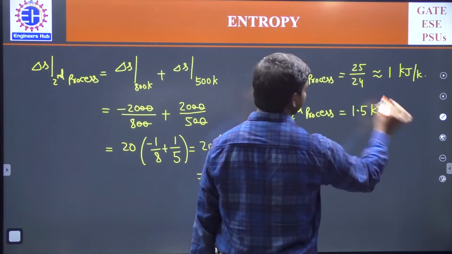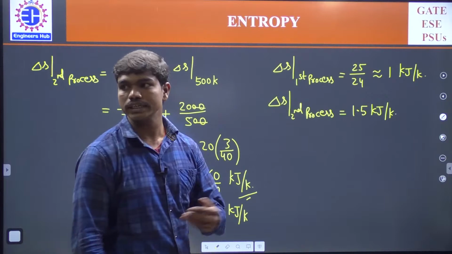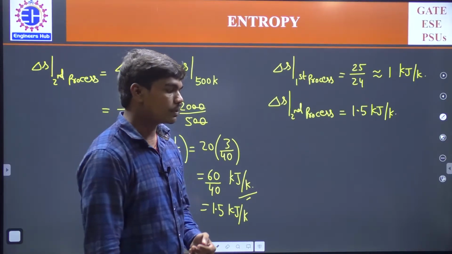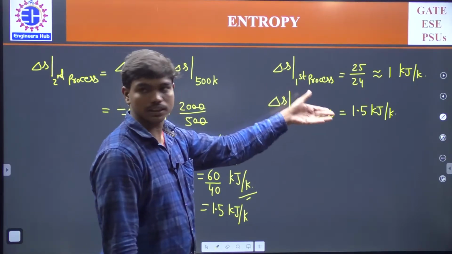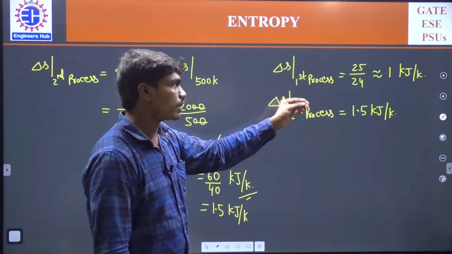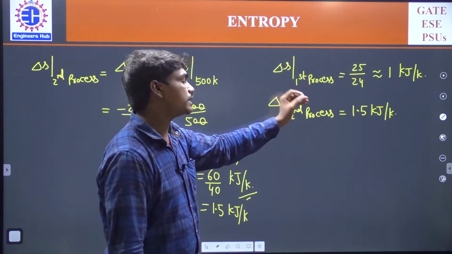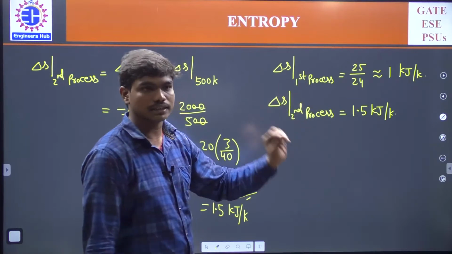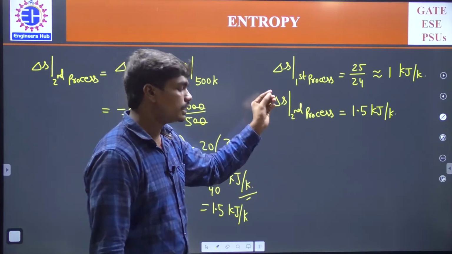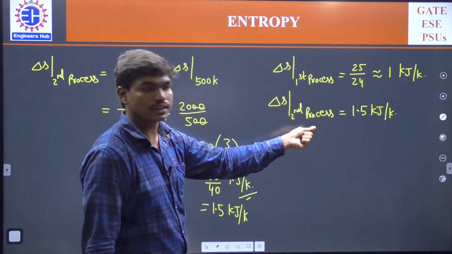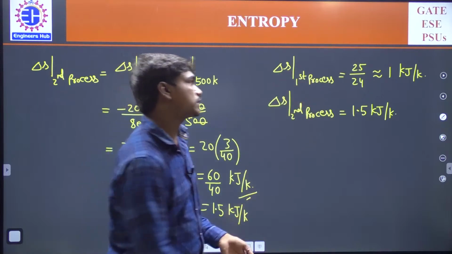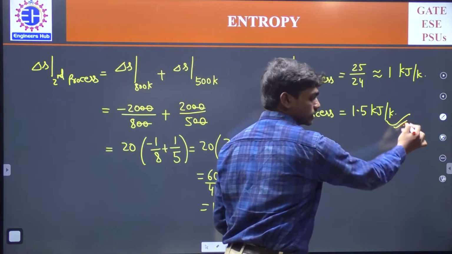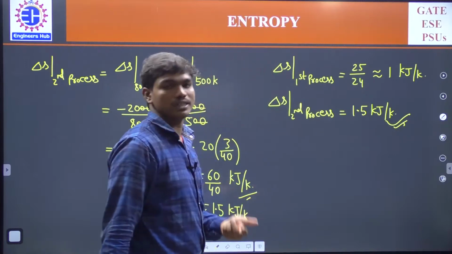Out of these two processes, where the first has the sink at 1200 giving heat and 800 collecting, and the second has the 800 Kelvin source giving heat and the 500 Kelvin sink collecting, the entropy change is more in the second process, correct?